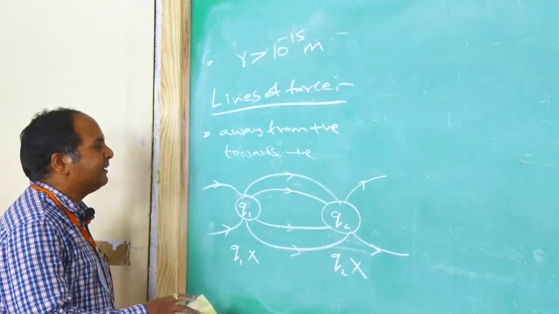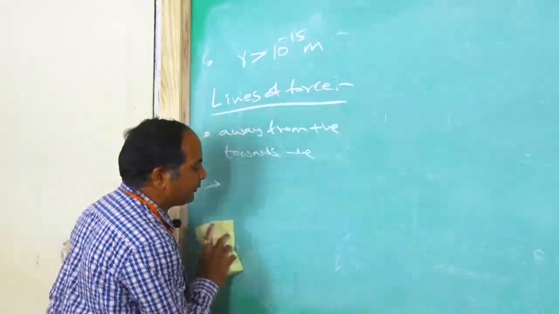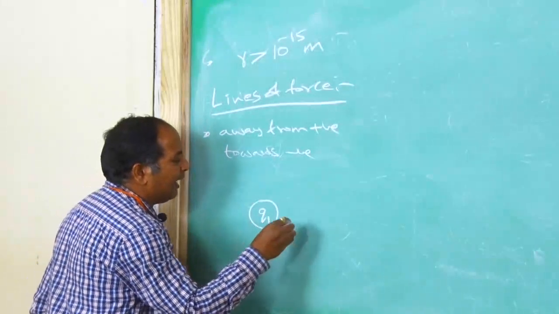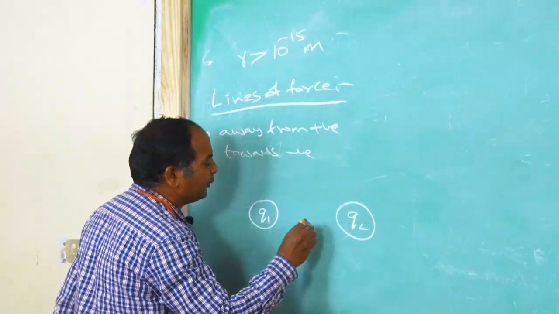Suppose I change this diagram like this. This is one charge Q1 and this is another charge Q2, and the lines of force are like this.